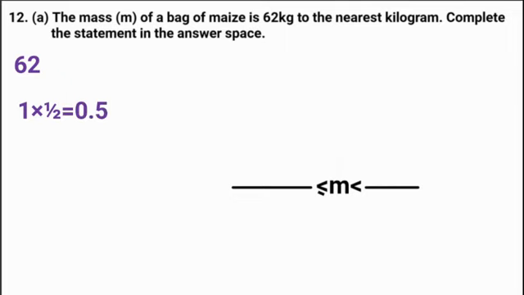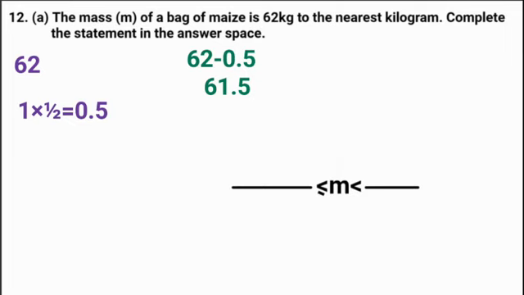Now, to find the lower bound or the lower limit, we subtract 0.5 from 62. So 62 minus 0.5 gives us 61.5. This is the lower bound.